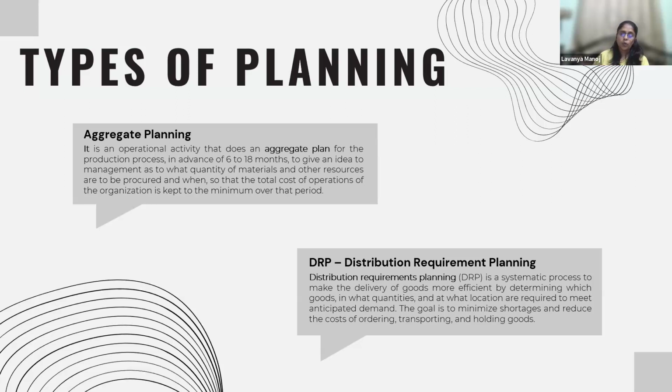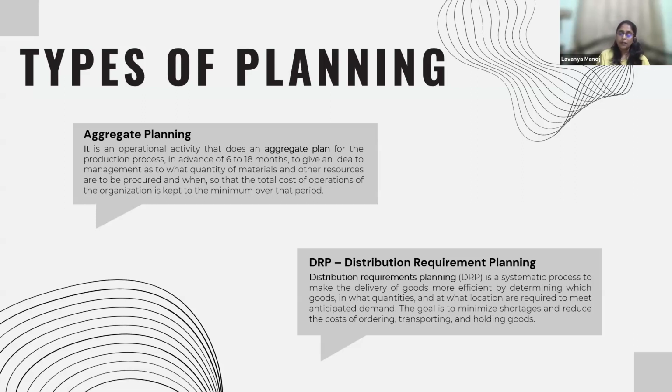Either you can sell through online retailing organizations like Amazon and Flipkart, or you can sell directly through your company's website. Your company may have its own app or website, and you can sell through your own web portal. So this is the distribution requirement plan.